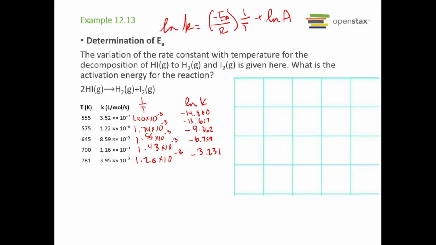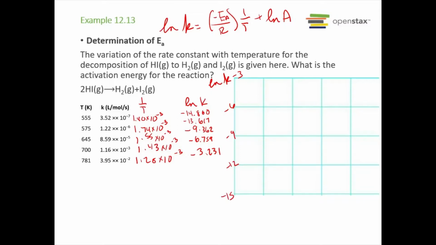So now we've got to go ahead and do some plotting here. The y-axis is the natural log of K. So at the top, let's see, 3, 6, 9, 12, 15. Then we have negative 3, negative 6, negative 9, negative 12, negative 15.